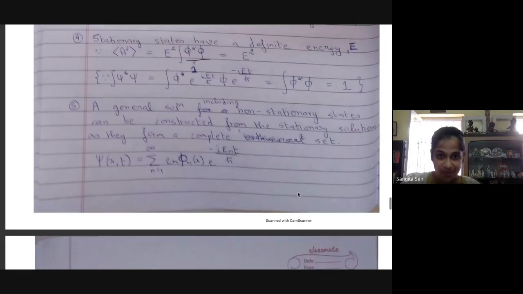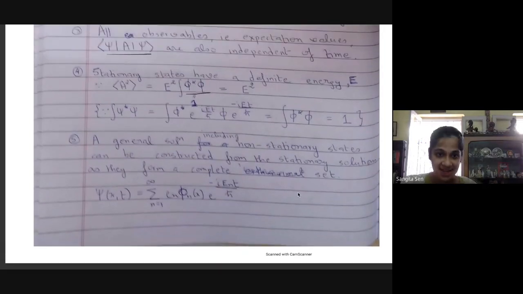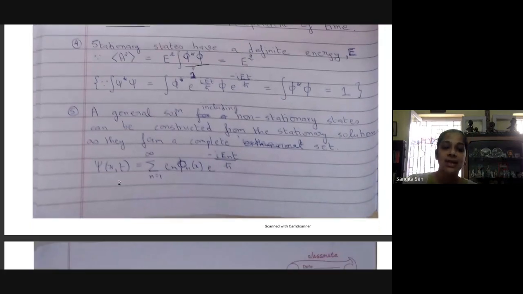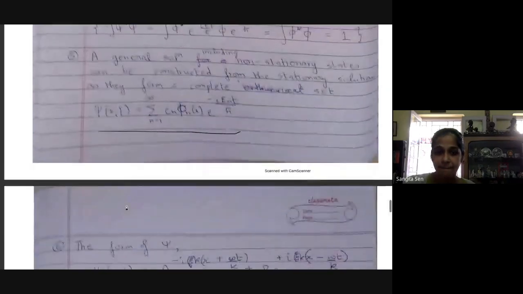And then the fifth point. Once we have obtained the stationary states, we start thinking about a general solution. So what about non-stationary states? The good thing is that these stationary states form a complete set. So they can act as a basis for any general state. I can take a linear combination of these functions and find a representation for a general state.